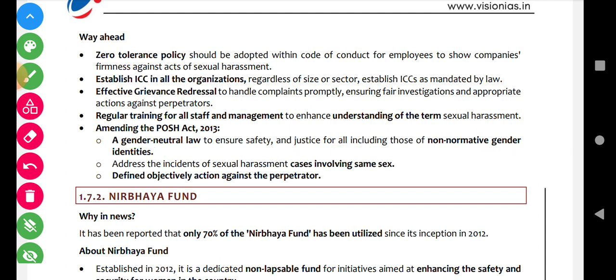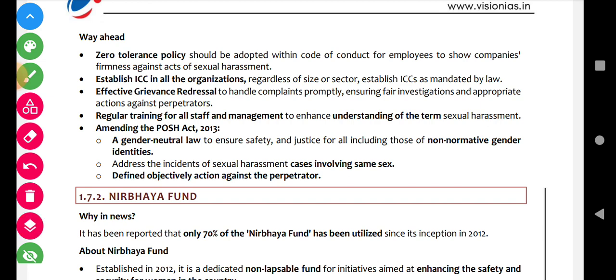Address incidents of sexual harassment involving the same sex, with action against the perpetrator. So these are the way forward to tackle sexual harassment against women at the workplace. And broadly, we covered the POSH Act of 2013, its challenges, its shortcomings and its way forward.